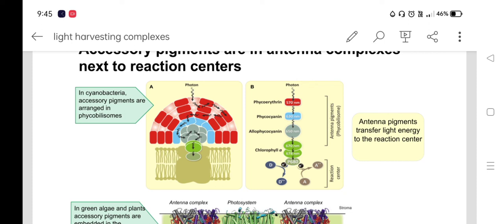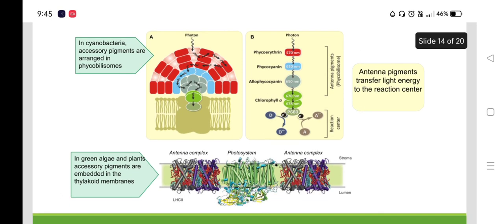In case of higher plants, carotenoids will firstly absorb the energy, then it will be transferred to chlorophyll B, then chlorophyll B will transfer the energy to the chlorophyll A molecule.